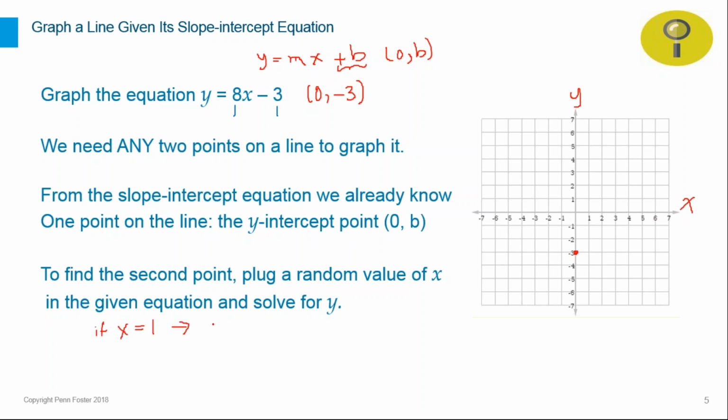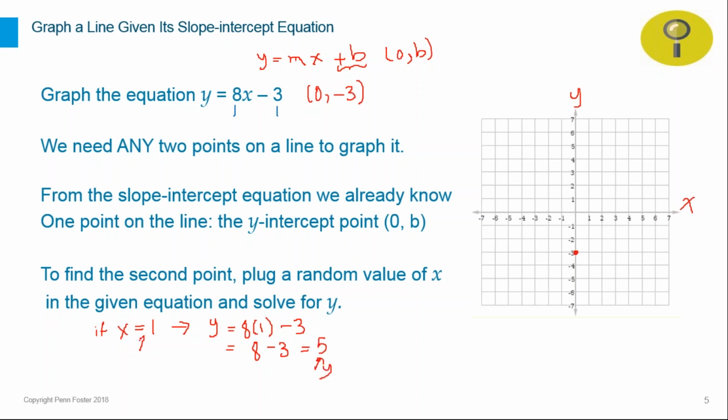Then what? Well, then y equals, since it's 8x, 8 times 1, because now x is 1, and then -3. Evaluate the expression on the right-hand side of the equation, and that will give you the value of y. 8 times 1 is 8, minus 3. Then 8 minus 3 is a 5. Then this is the y.